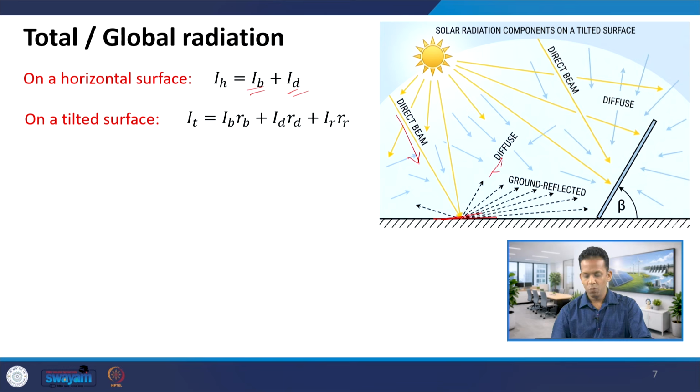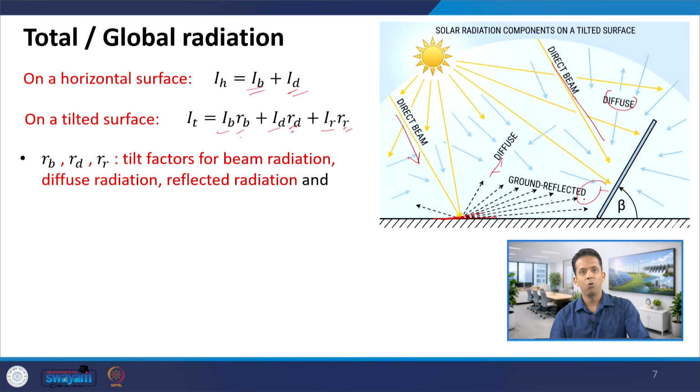So for horizontal it is just IB plus ID. For a tilted surface, all three radiations are multiplied by their particular tilt factors. So a tilted surface receives direct, diffuse and some reflected portion also.